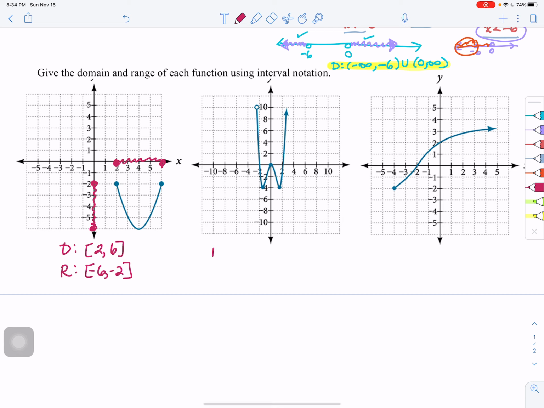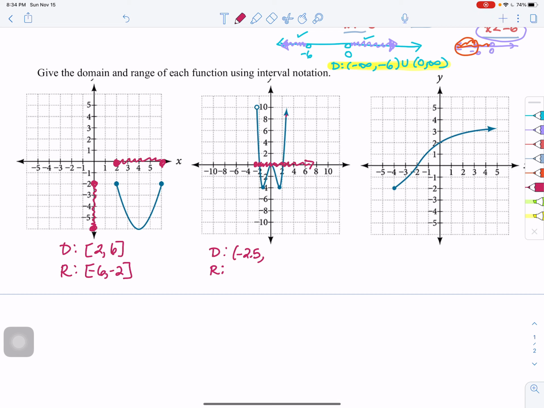Okay, let's look at the domain and range in this next one. Look at this domain. It's a little bit difficult to see, but let's just estimate it to be about -2.5. How about that? So we're going to go from -2.5, but we don't want to include it because it's an open circle. And we want to go all the way to positive infinity.